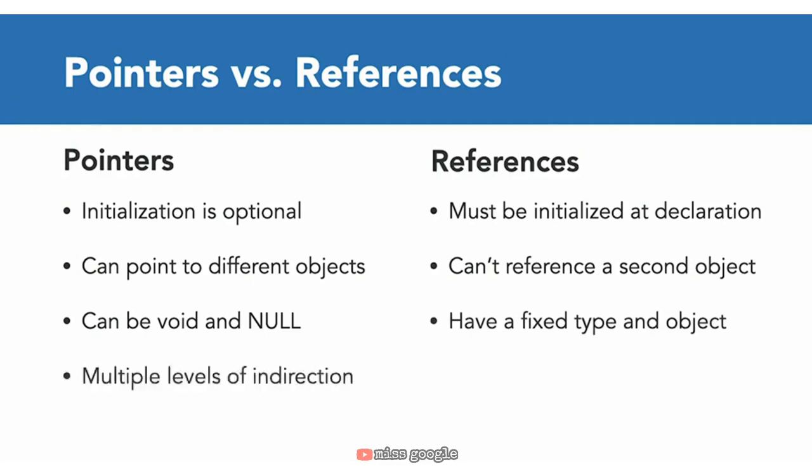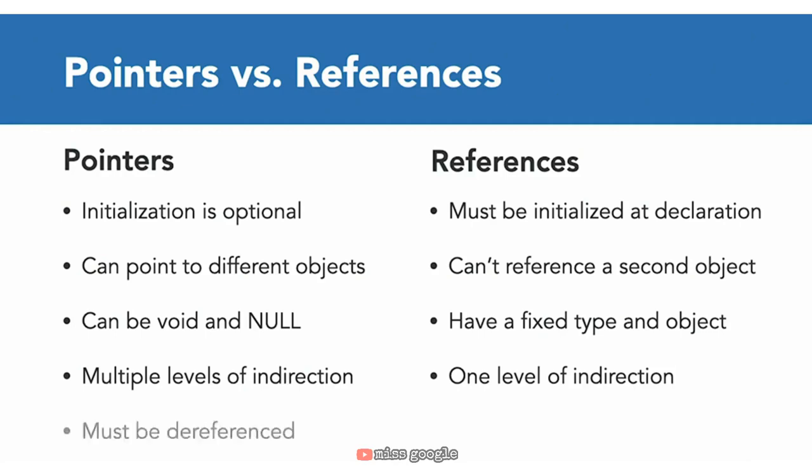Pointers may have multiple levels of indirection. By this I mean that you may access data with a pointer that points to a second pointer, which points to the data. That's two levels of indirection. Now, references have only one level of indirection. As I mentioned earlier, declaring a sequence of references simply makes multiple aliases to the same data.